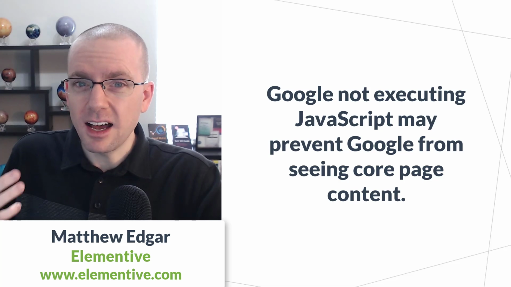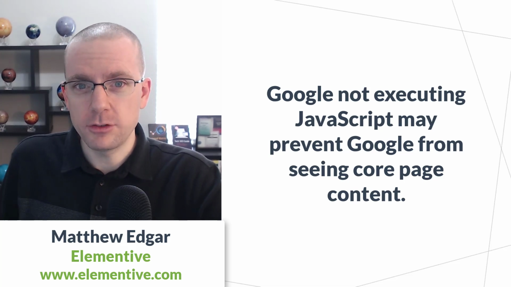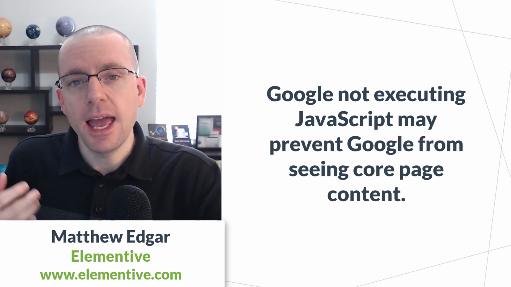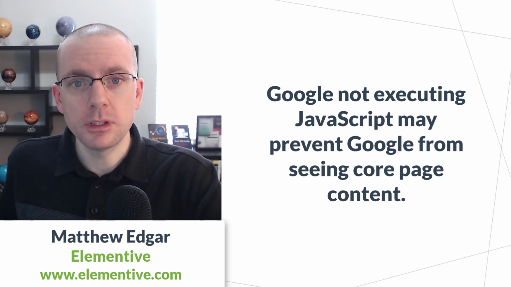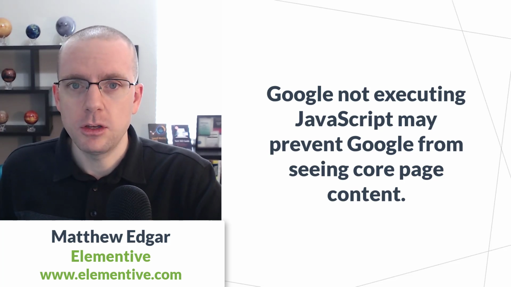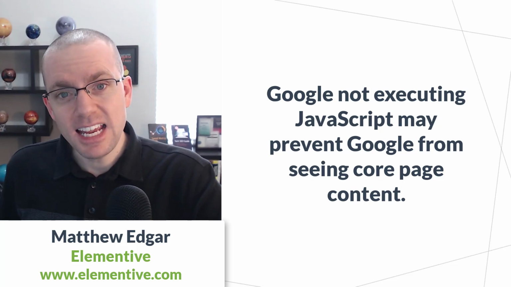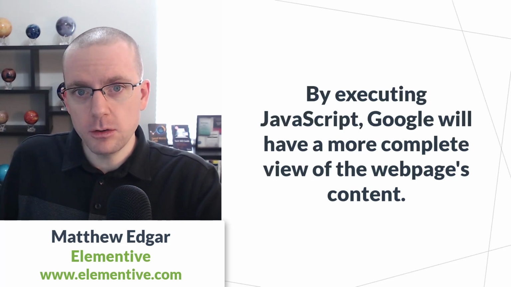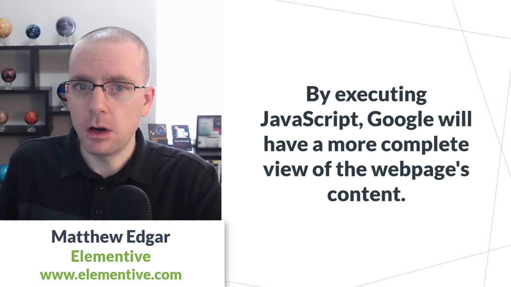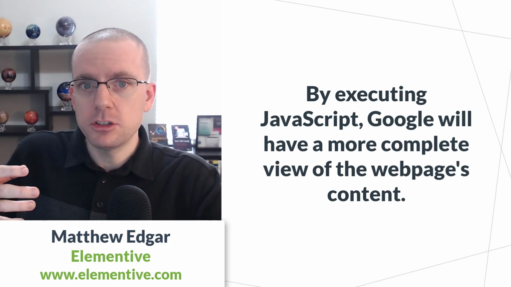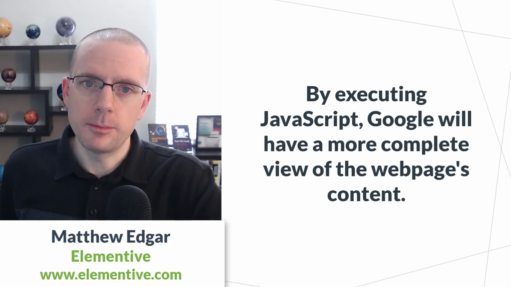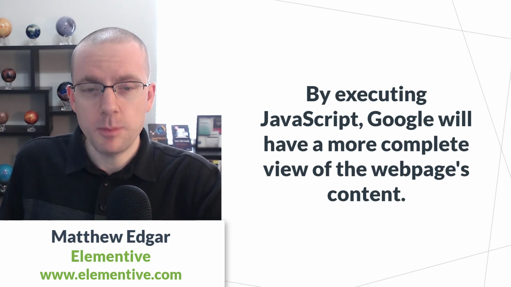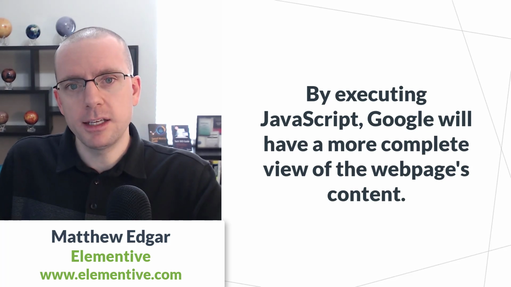So if Google is unable to access your JavaScript code or unable to execute your JavaScript code, you need to figure out why and what problems you need to fix to make sure Google is able to fully execute the JavaScript code on your website that's needed to see your website's content. After Google has executed as much JavaScript as they can on your website, they are then going to have a more complete understanding of your website's content, a more complete understanding of what all is contained on this page. And at that point, the crawling is complete.